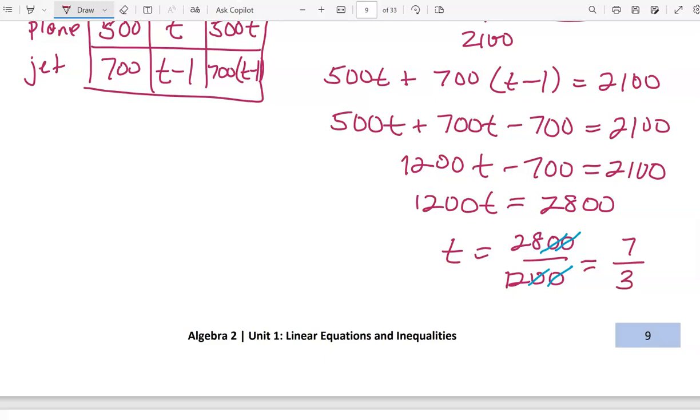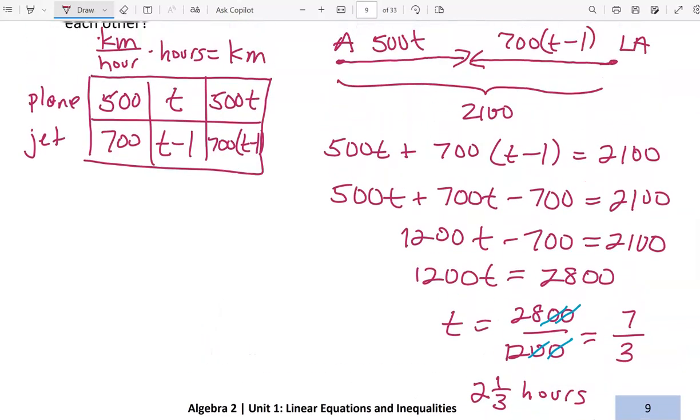So 7 over 3, let's re-express as a mixed number. For algebra, an improper fraction is great, but mixed numbers are better when expressing your answers. 3 goes into 7 2 times with 1 left over. So that's 2 1/3 hours. So that's actually 2 hours and 20 minutes.